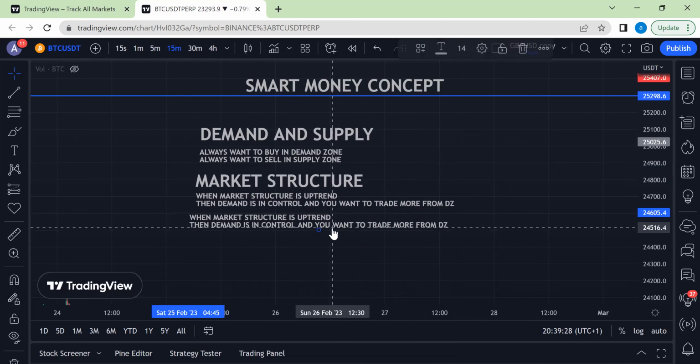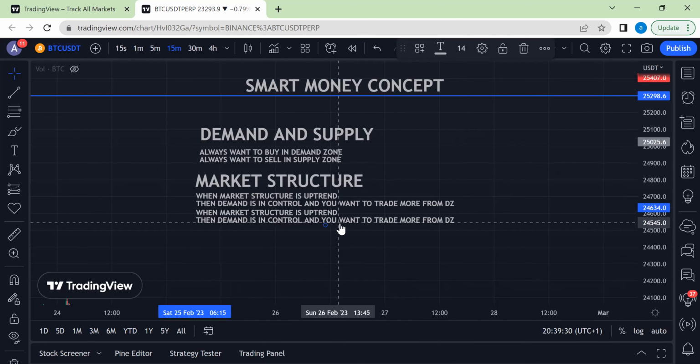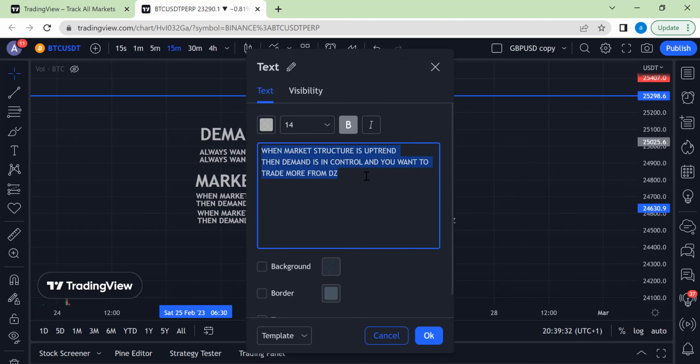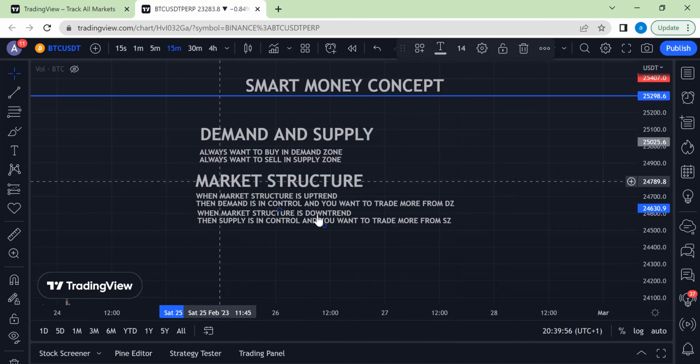And on the flip side of it, when market structure is downtrend, then supply will be in control because when price is selling, that means price is going down. Then supply is in control and you want to trade more from supply zone. So you need to understand market structure.